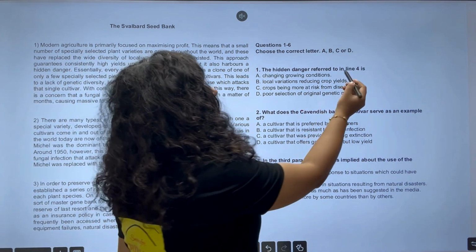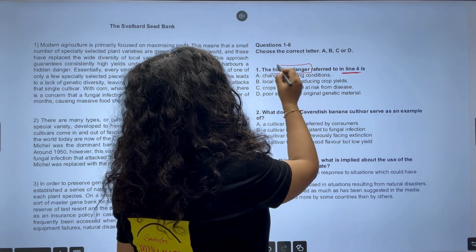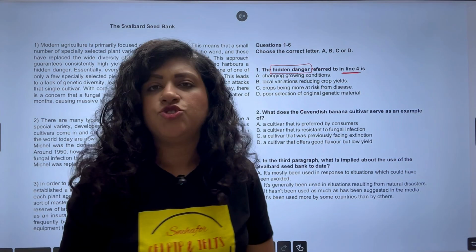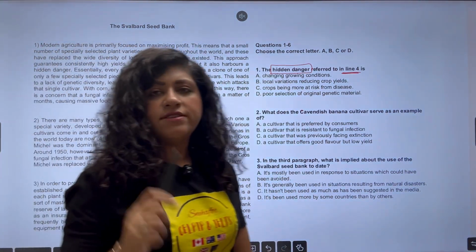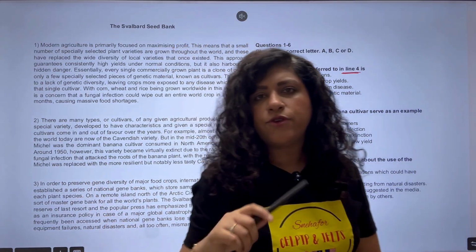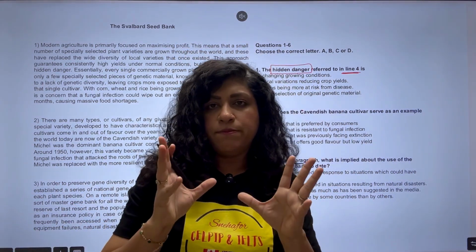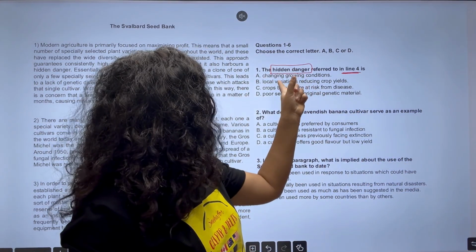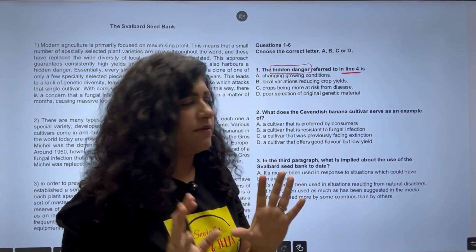It clearly says line 4, and we have to tell what this hidden danger refers to. Right? Now, these are the keywords. I'm going to scan line 4 for these keywords and then read around those keywords to make sure that out of A, B, C, D, at least one is my answer over there, right?